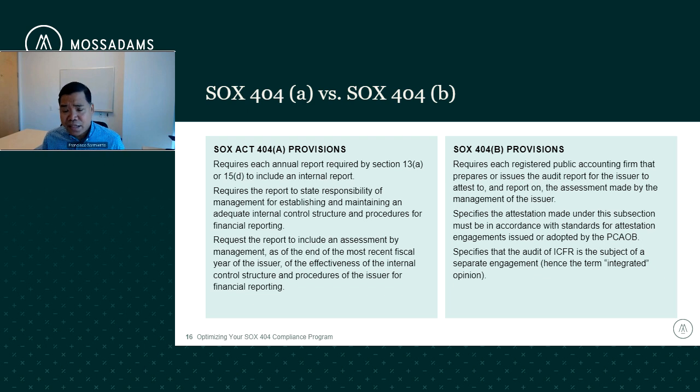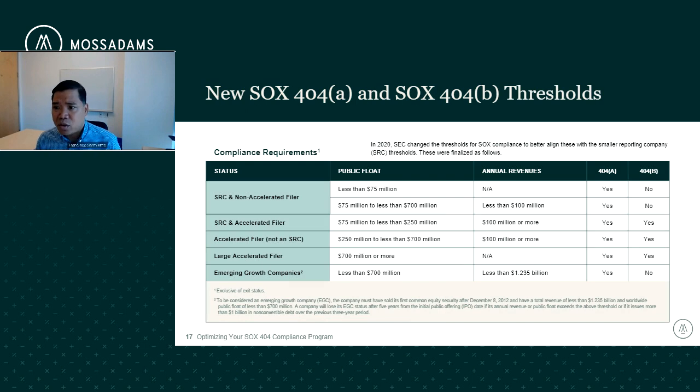Okay, and then here you'll see a bit of an overview of the different filing statuses and whether they are required to comply with 404A and 404B. So initially there were only three categories: the non-accelerated, accelerated, and large accelerated filer.